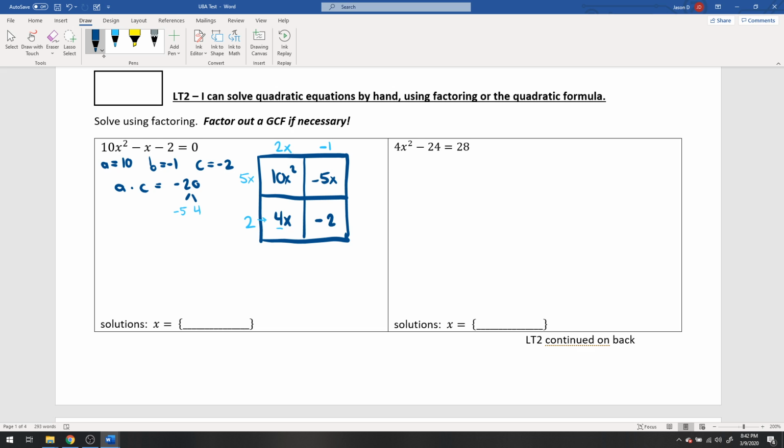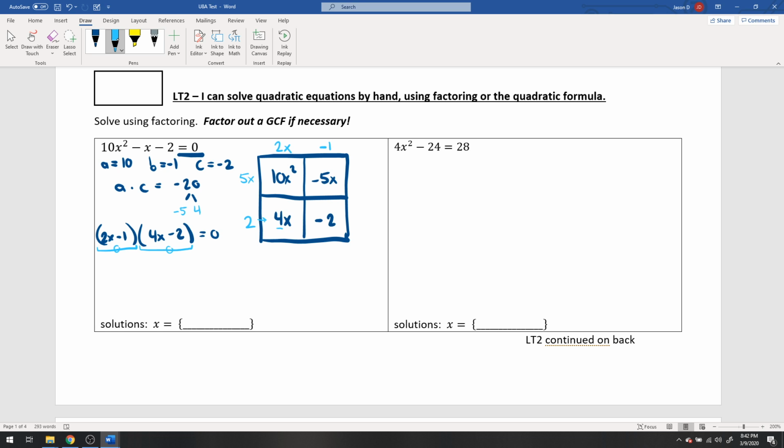I'm going to write these factors out, 2x minus 1 and 4x minus 2. But because you had this equals 0 in the equation above, got to keep that equal 0. What that means, though, is that you have two things, thing 1, thing 2, that multiply together to equal 0. And that tells us one of them has to be 0.